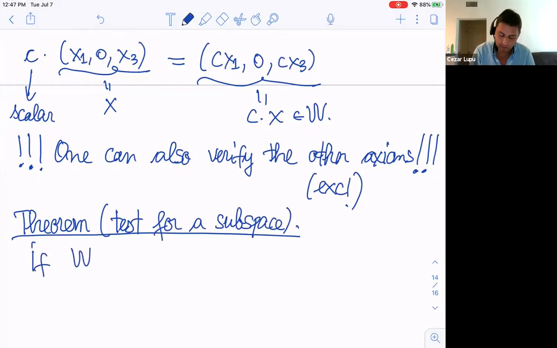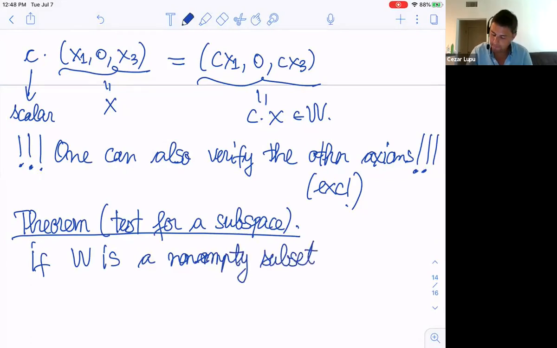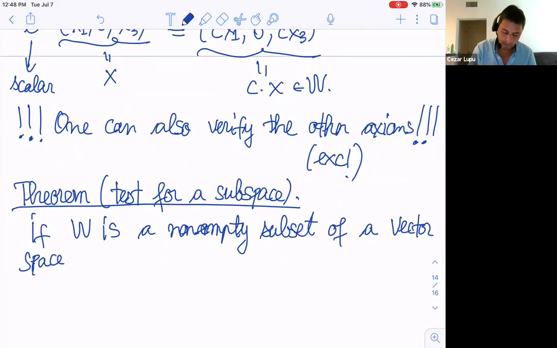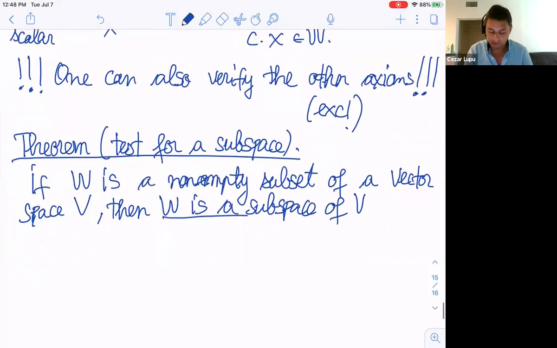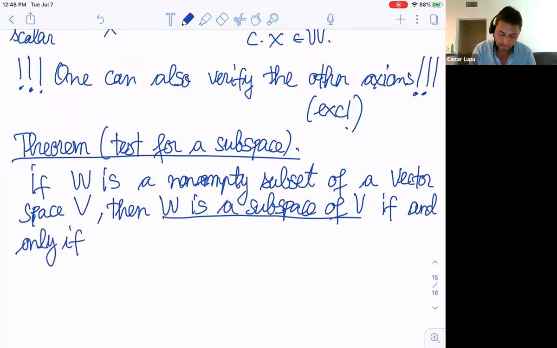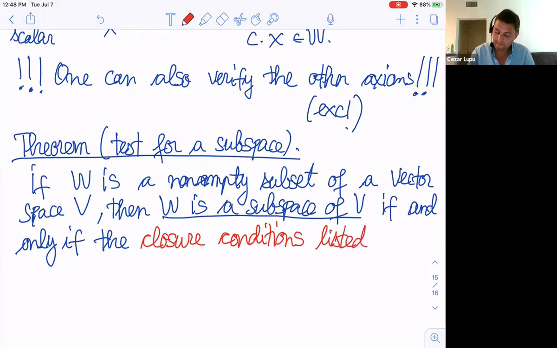The theorem says the following: if W is a non-empty subset of a vector space V, then W is a subspace of V if and only if, so this has a double implication, the closure conditions listed below are true.